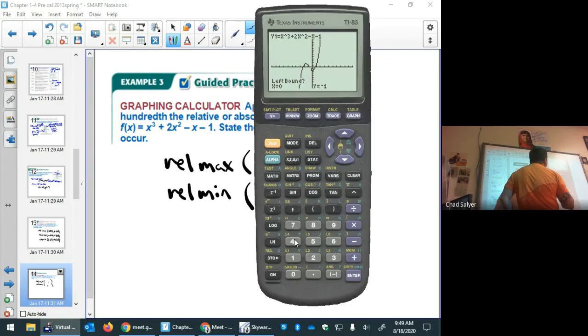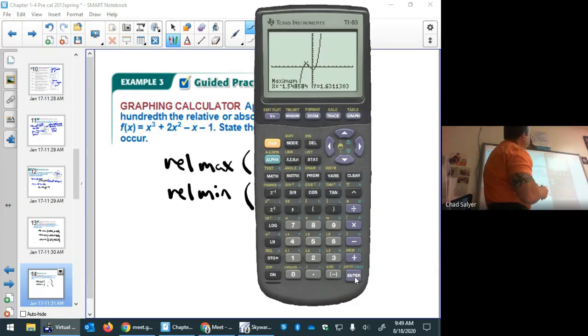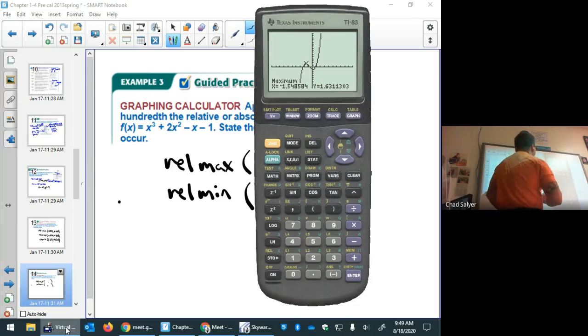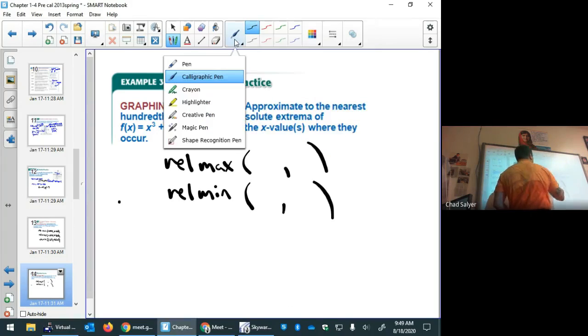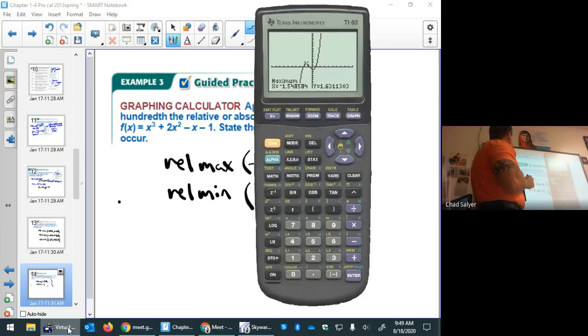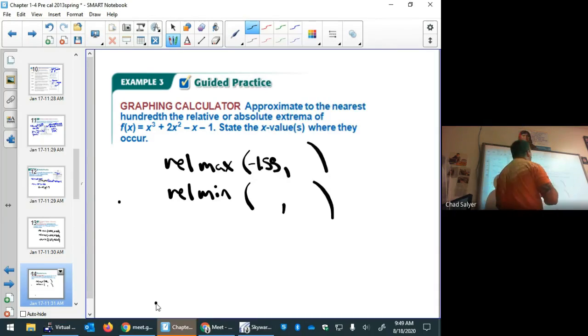Okay, so -2 to -1, we'll capture it. And there it is, -1.5, and we're going to the nearest hundredth this time. So that's the second digit after the decimal. -1.55. And then for the y value there, it's 1.63.